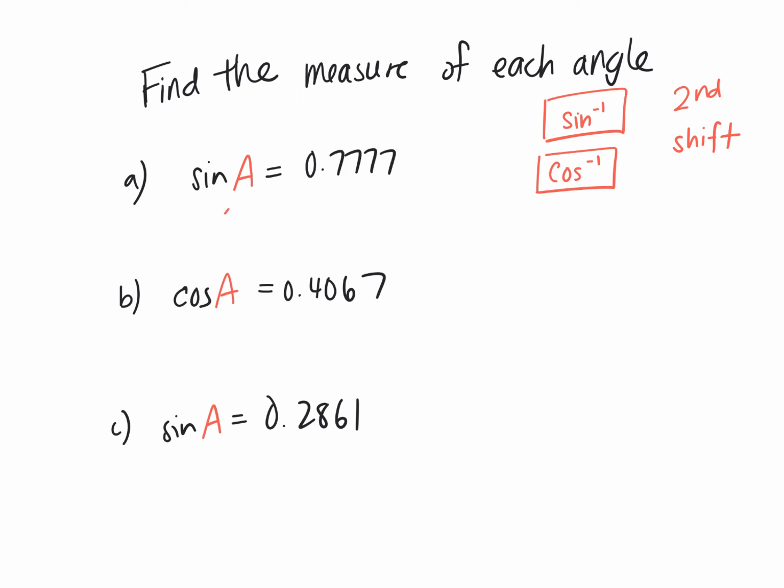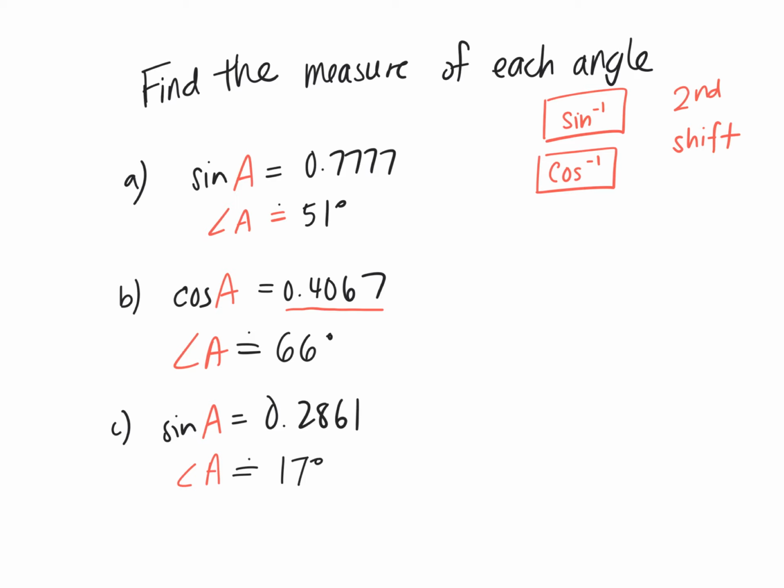For question A, angle A would be equal to approximately 51 degrees. If the cos ratio is 0.4067, what is the angle? Approximately what to the nearest angle? 66 degrees, is that what everyone got? And the last one, angle A is approximately equal to what?